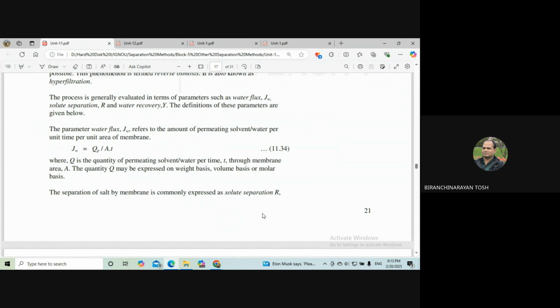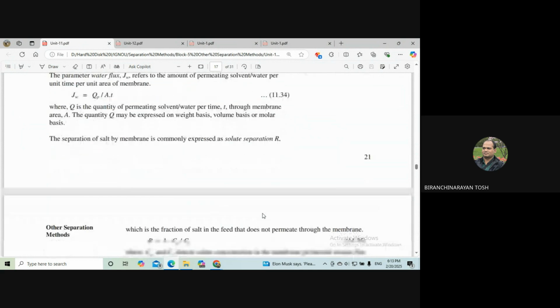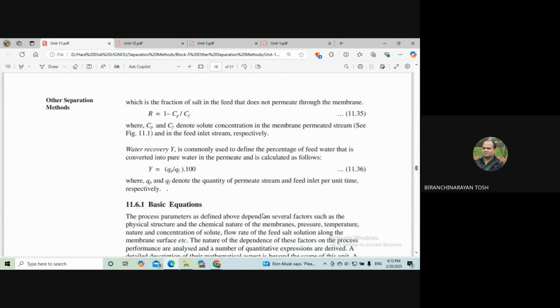Then the separation of salt by the membrane is commonly expressed as solute separation R, which is the fraction of salt in the feed that does not permeate through the membrane. So it is 1 minus Cp by Cf. Cp and Cf denote the solute concentration in the permeated stream and in the feed inlet stream respectively.